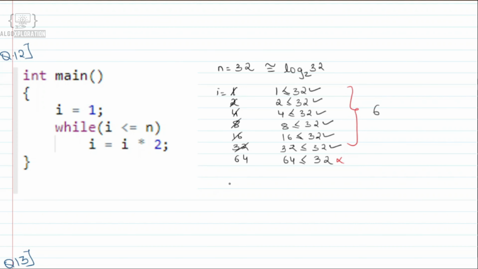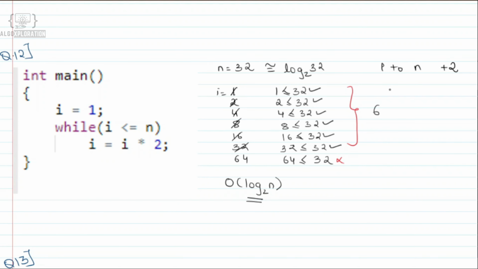So the time complexity for this problem will be order of log n base 2, because in this problem we are not adding by 2, we are multiplying by 2. So due to this, the value of i from 1 to n will be reached much faster as compared to plus 2.